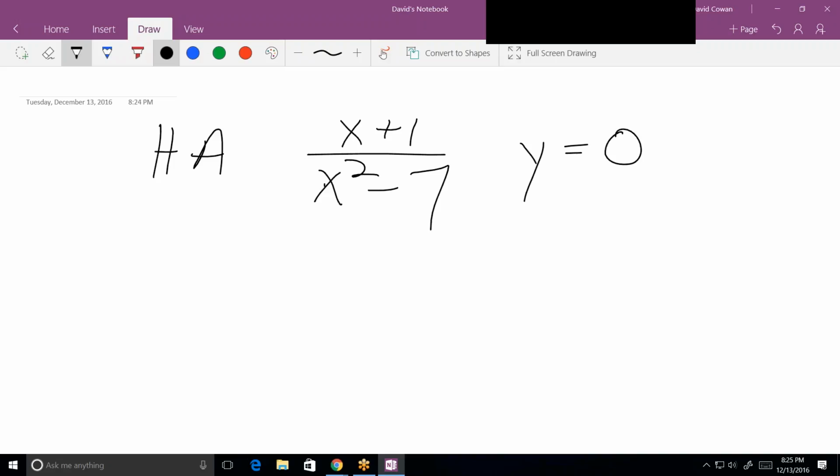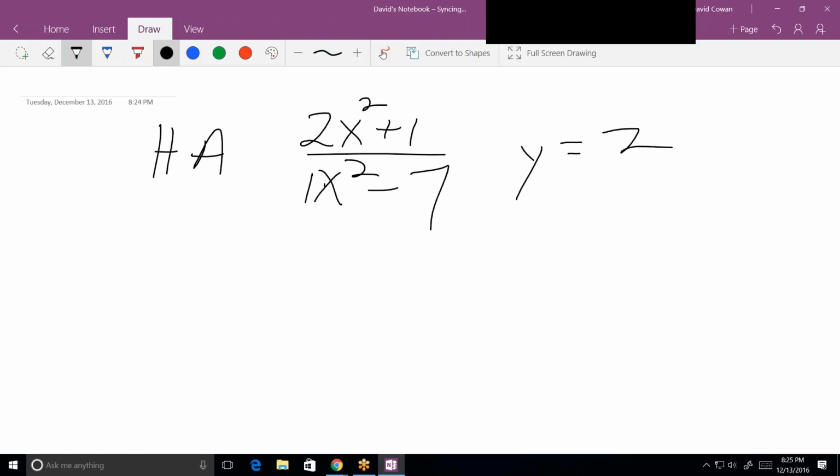Okay. If I make the problem this, where then it equals 1. Now the horizontal asymptote is the ratio of the coefficients of the highest degree terms.